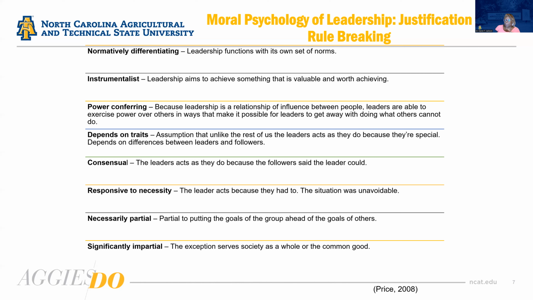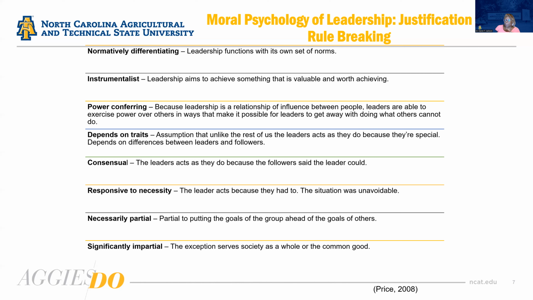Another characteristic that we want to take into consideration when we're thinking about the moral psychology of leadership is consensual. Sometimes leaders do things because the followers are okay with it and are supportive of it, and may even be pushing them to act the way they do.